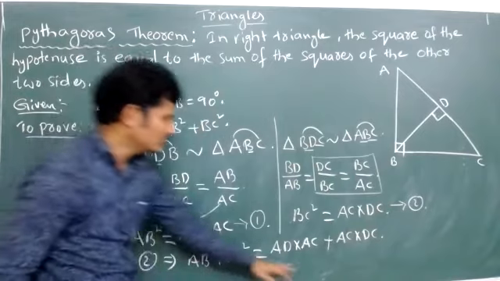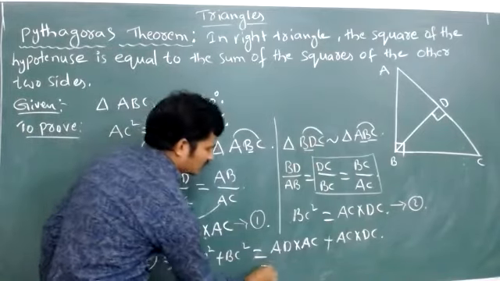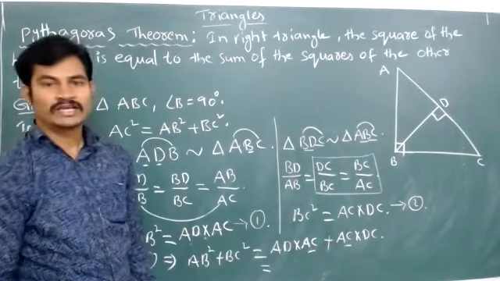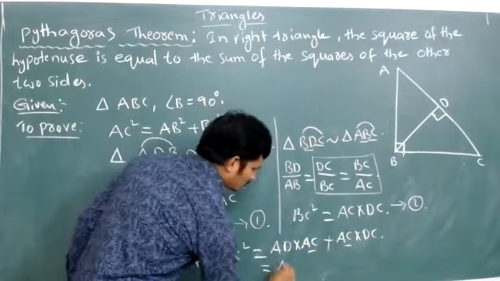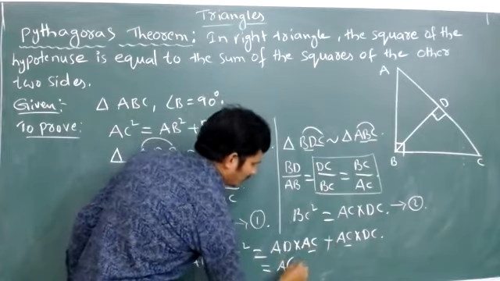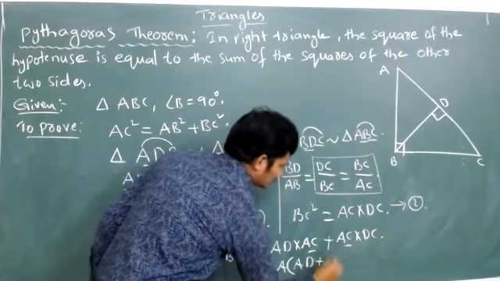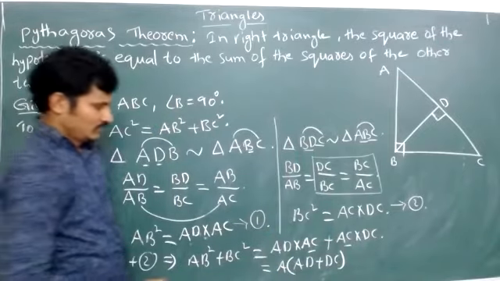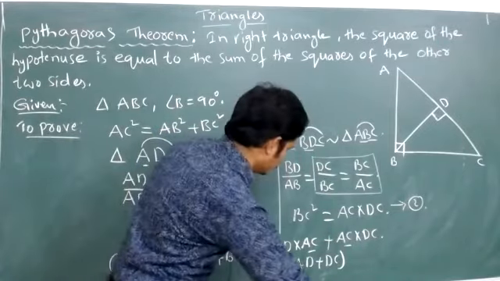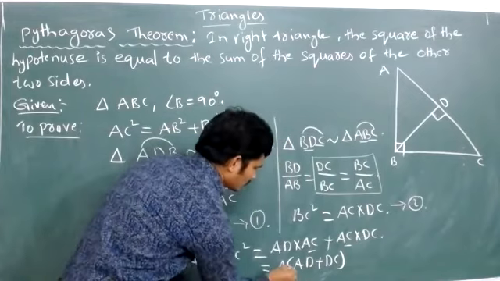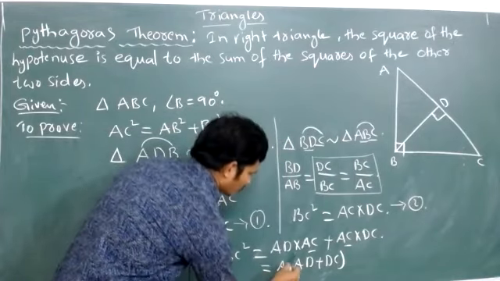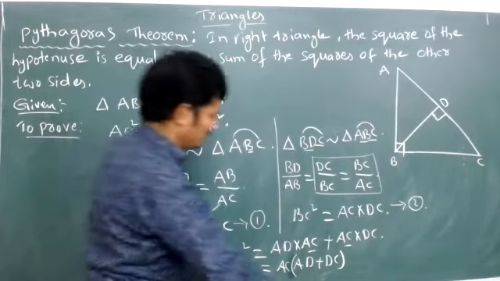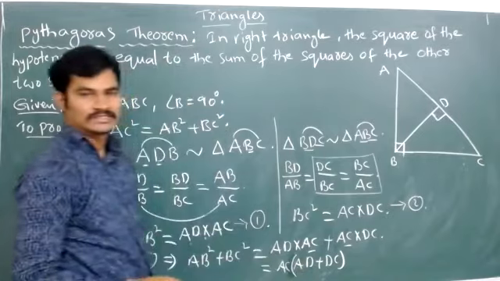Observing the right side, AC is common for both, so we can take AC as common. In brackets, AD plus DC.